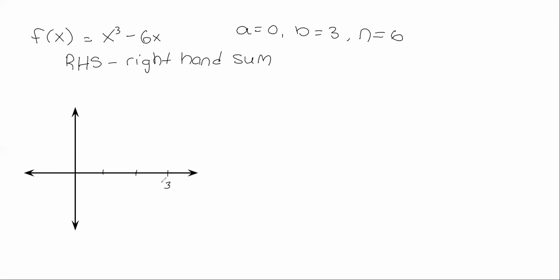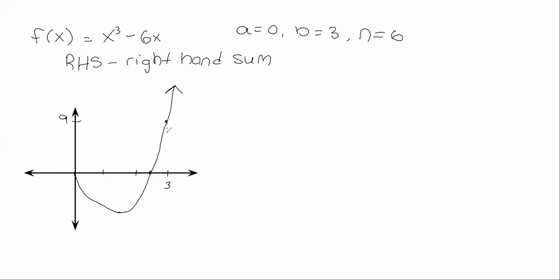So when x is 3, y is going to be 27 minus 18, so that would be 9. We have the point (3, 9). We have an intercept right around here. And then it reaches a local minimum, or I think actually it's a global minimum. It reaches the minimum and then it comes back up to the origin, and it looks kind of like this.